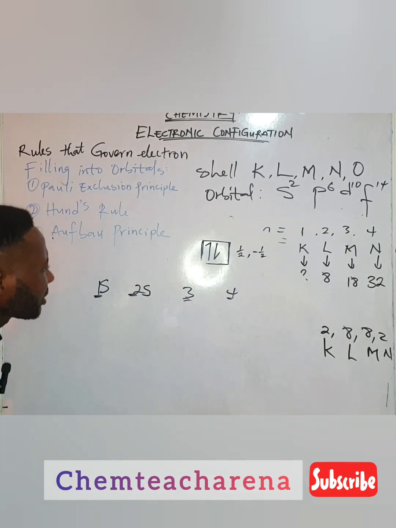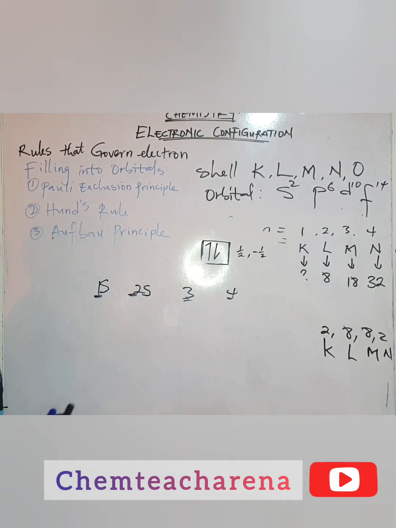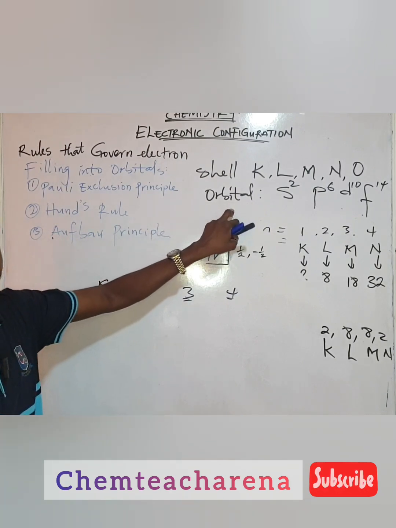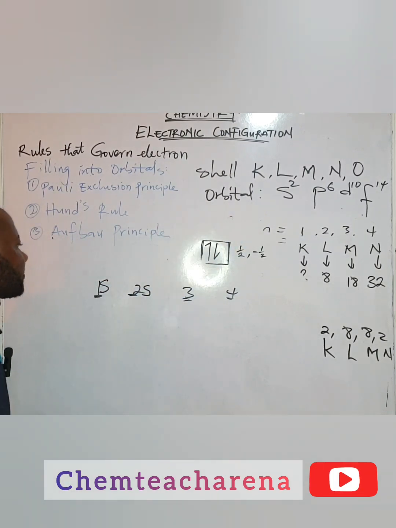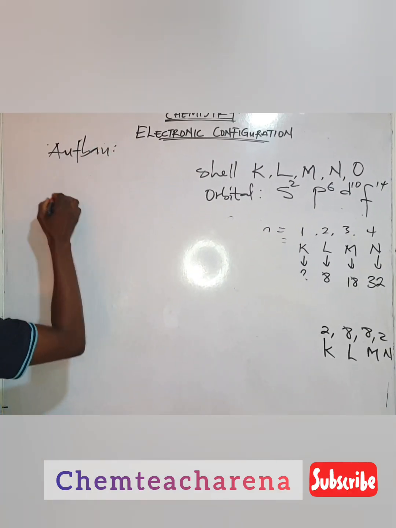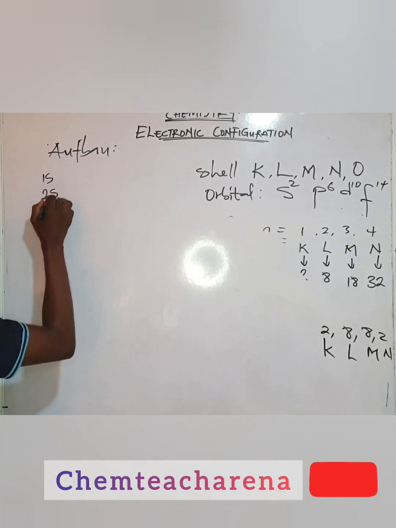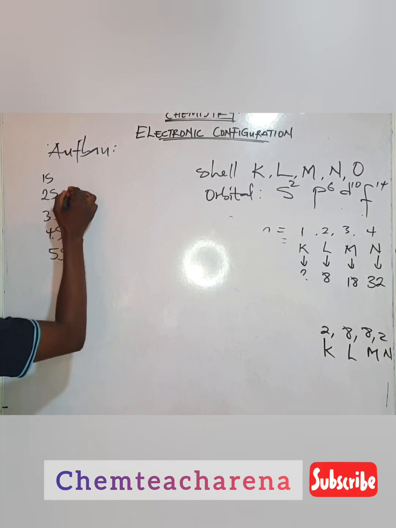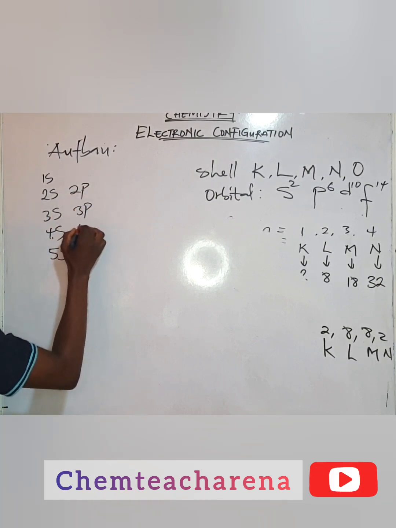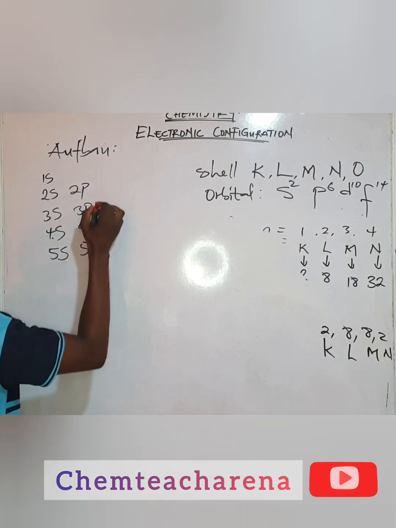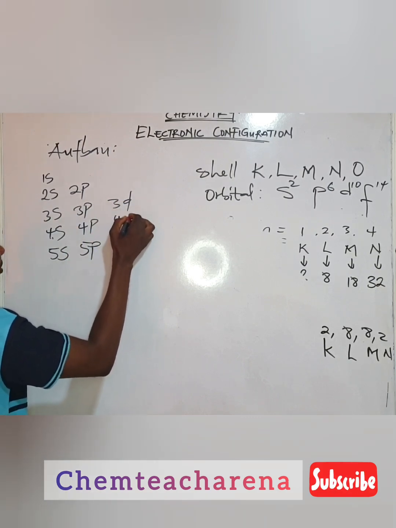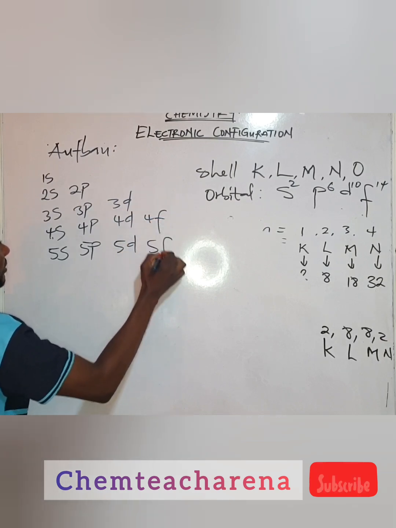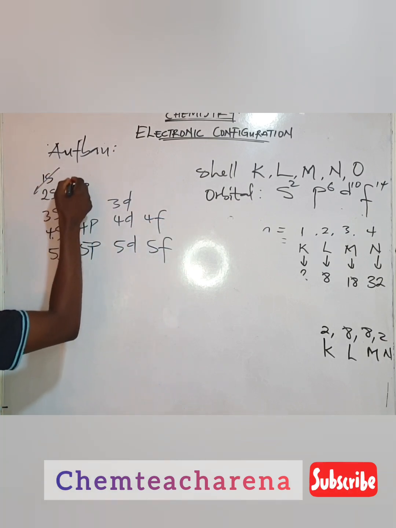Now we are looking at how to write electronic configuration using the Aufbau principle, which helps you in orbital electronic configuration. We have 1s, 2s, 3s, 4s, 5s. I can stop here. We have 2p, 3p, 4p, 5p, 3d, 4d, 5d, then 4f, 5f. Then you take this crossing.